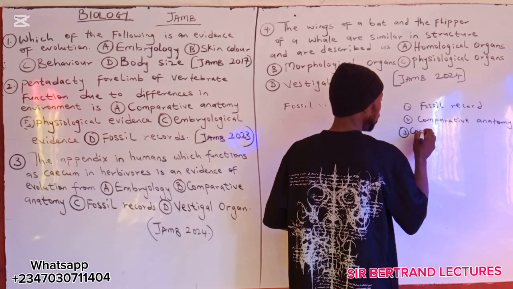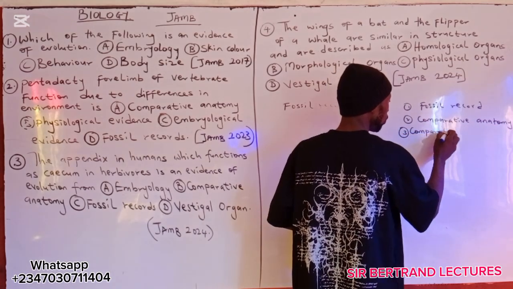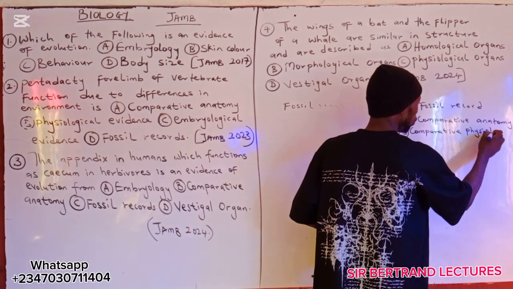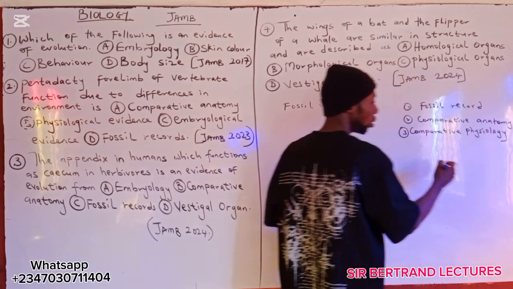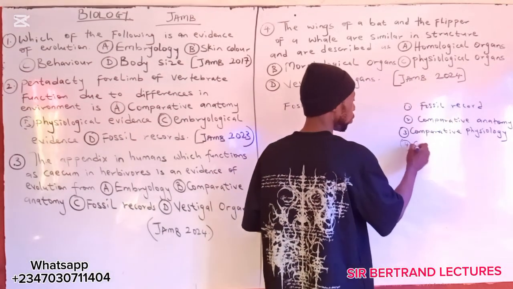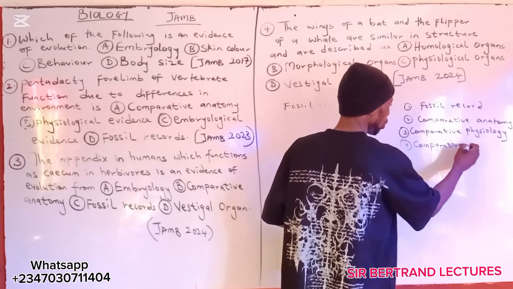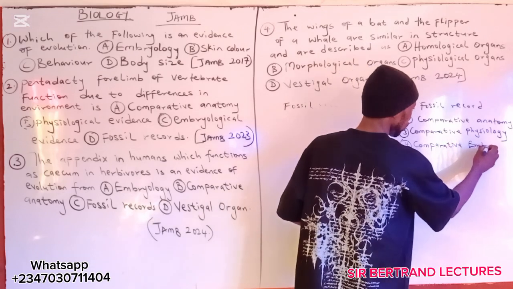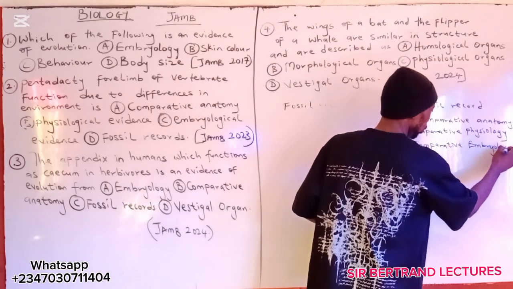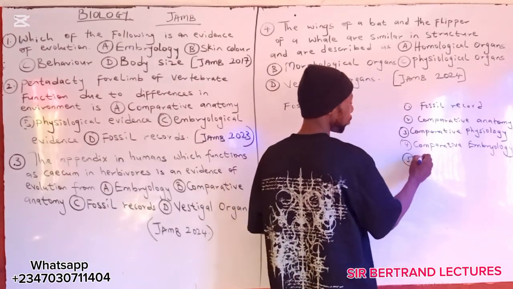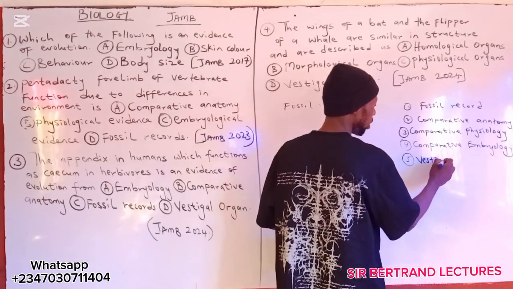Number three is evidence of comparative physiology. Number four is evidence of comparative embryology. Okay, we have evidence of vestigial organ.